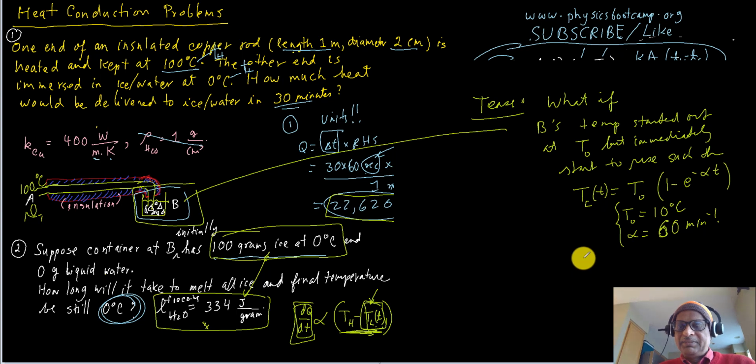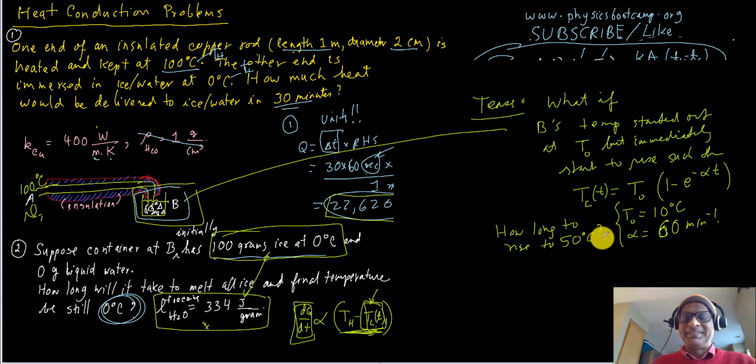Then I can ask you how long it takes to rise to 50 degrees Celsius. A question like that I can do. Basically what I'm doing is I'm giving you dQ/dt.